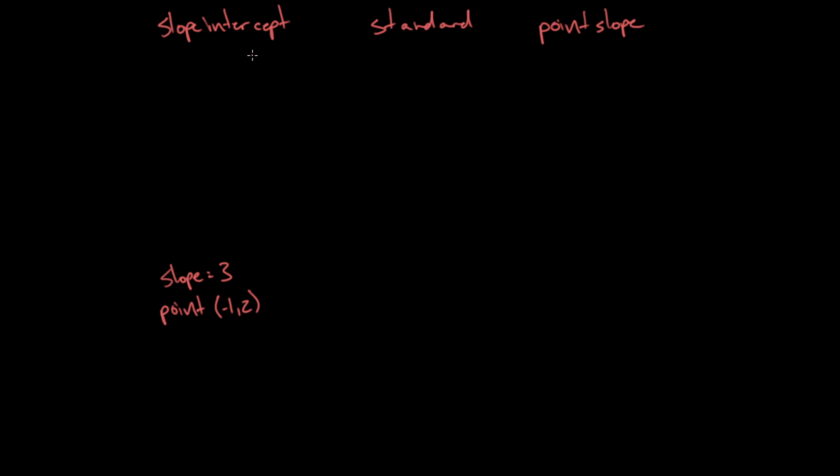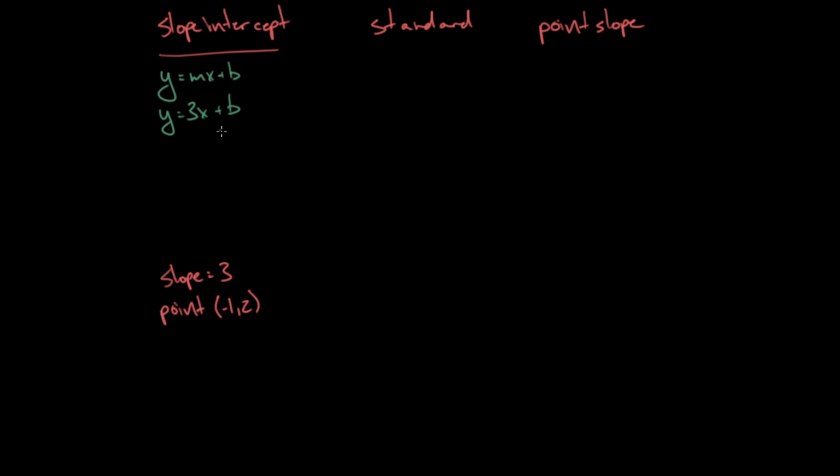So slope-intercept form, if I want to go ahead and make that line here, I can do that. What I know is that it's going to be of the form y equals mx plus b, and I know what the slope is. It's 3. So y equals 3x plus b. Now I don't know what b is here, but that's okay.